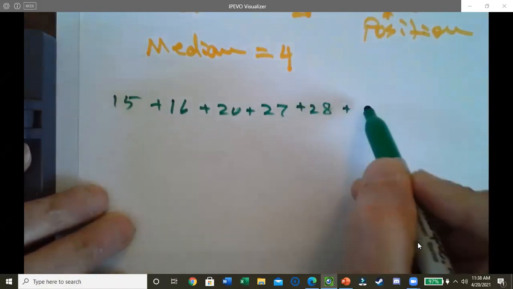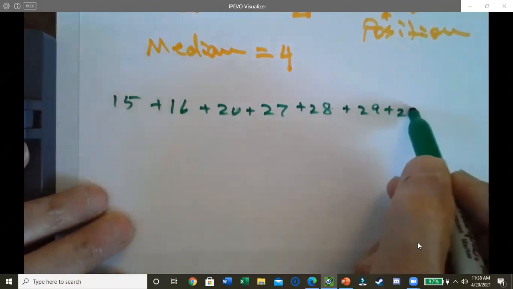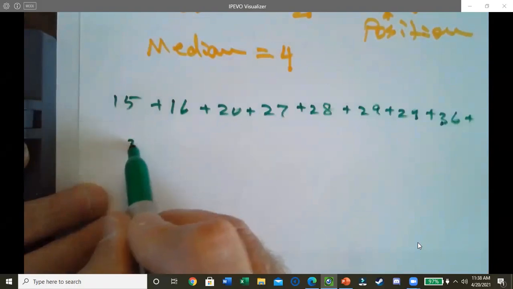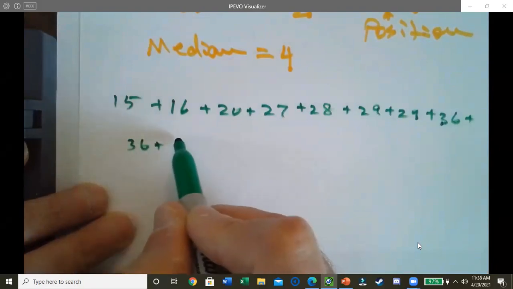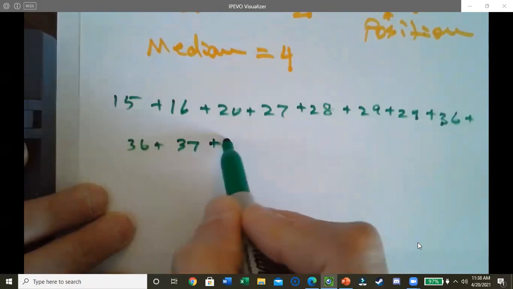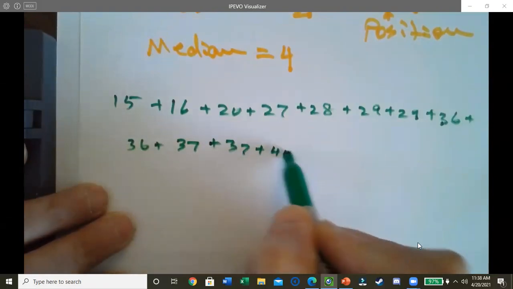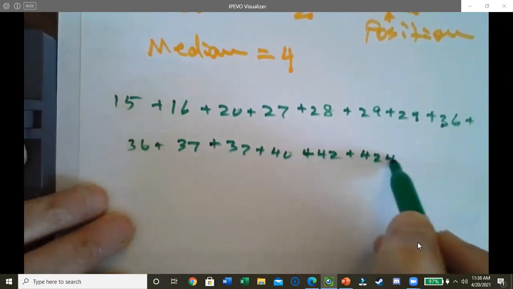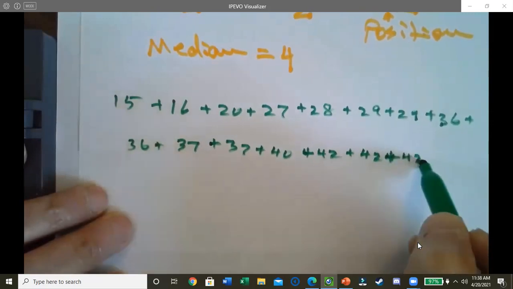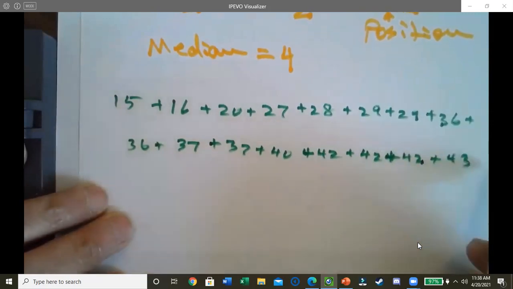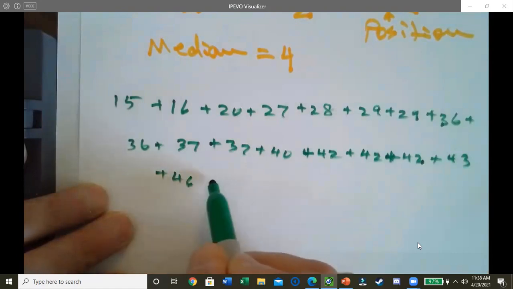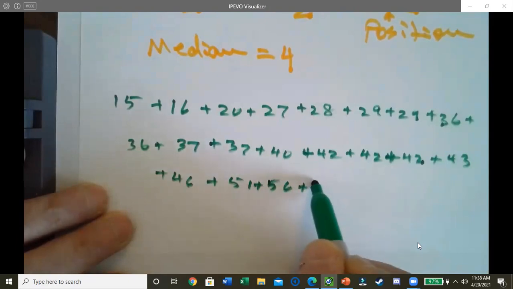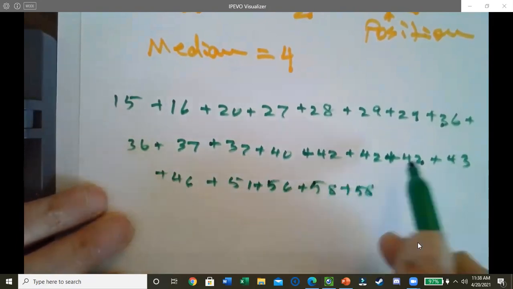So you're adding all these up, plus 29, plus 29 again, plus 36, plus 36 again, plus 37, plus 37, plus 40, plus 42, 42, 42, plus 42 again, plus 43, plus 46, plus 51, plus 56, plus 58, plus 58.